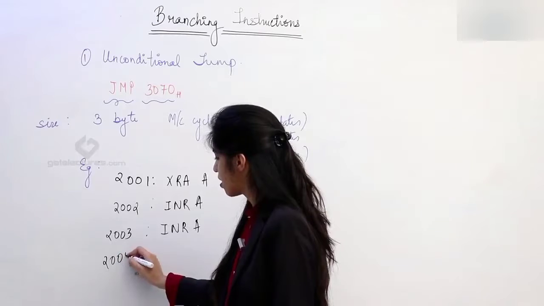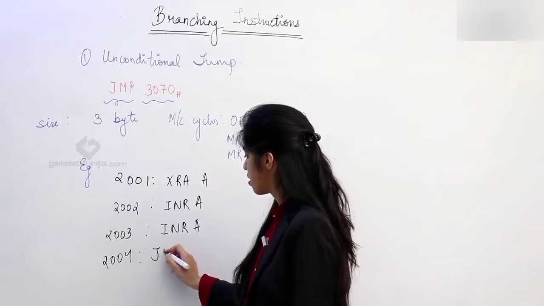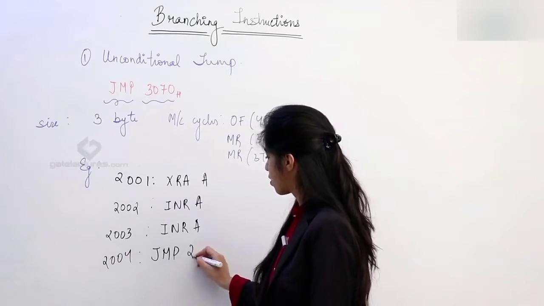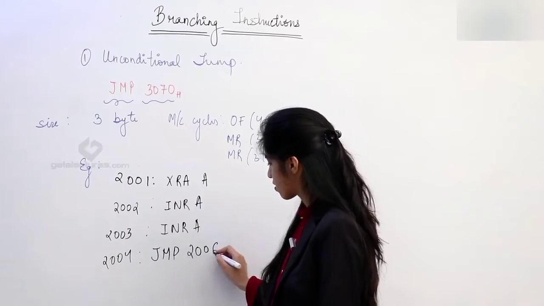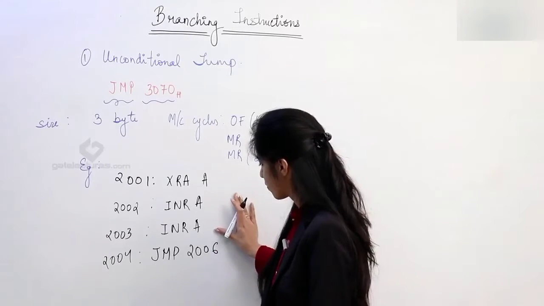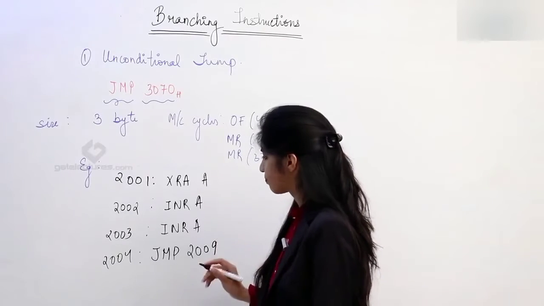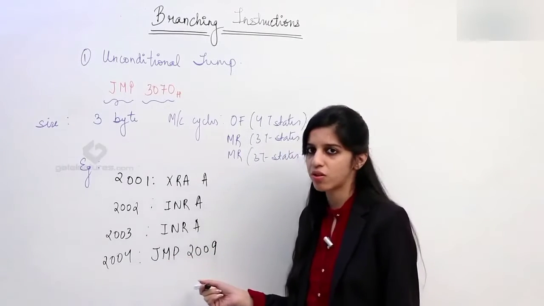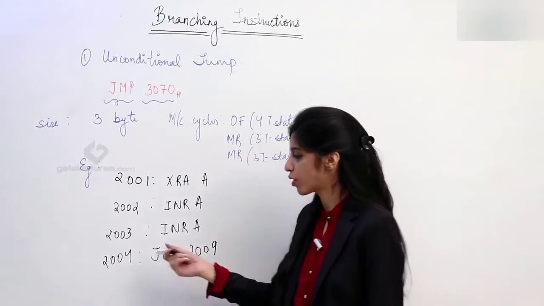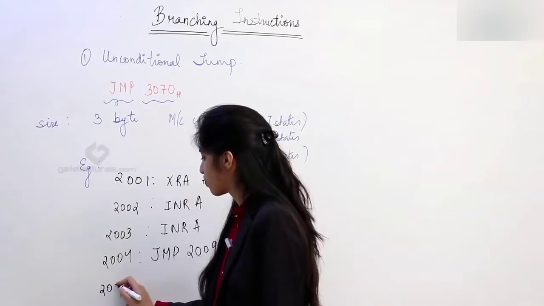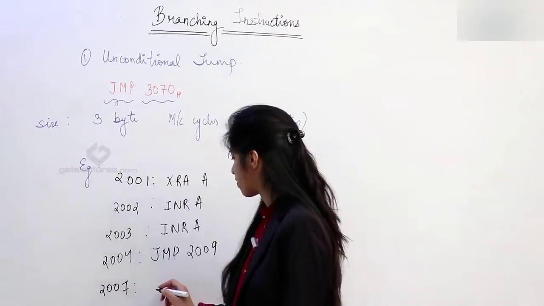The next memory location has the instruction JMP 2009. Now this is a 3-byte long instruction, so the next instruction is saved at memory location 2007.